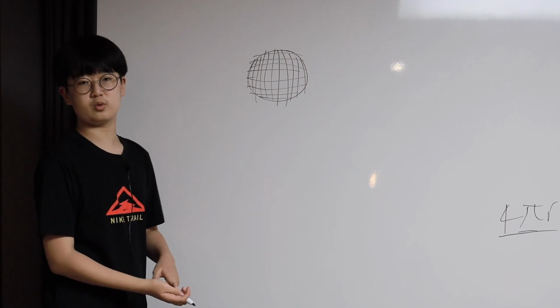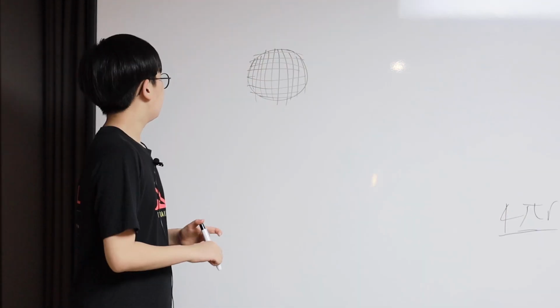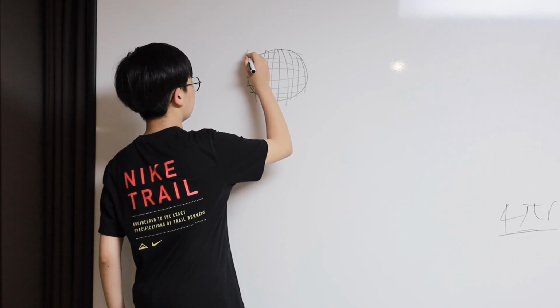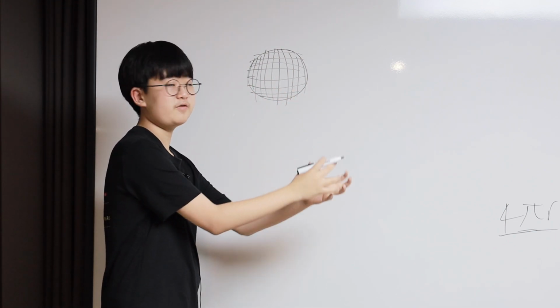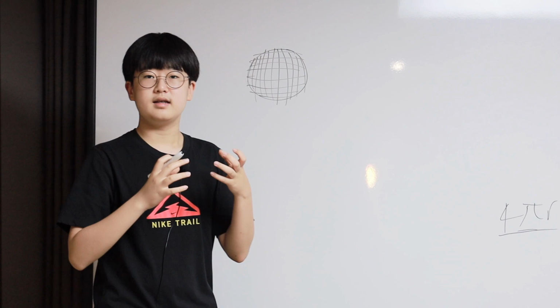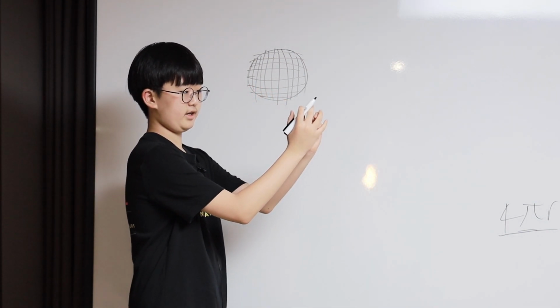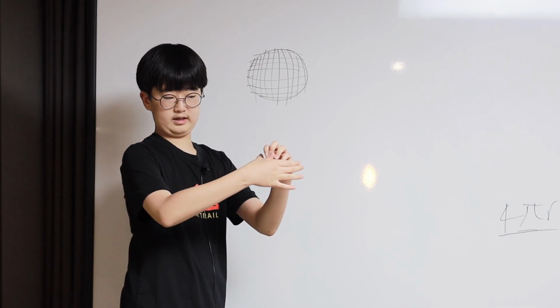We have a bunch of squares on this sphere. Now we're going to draw a cylinder right outside of the sphere, touching the sphere. If the sphere is like this, the cylinder is like this.